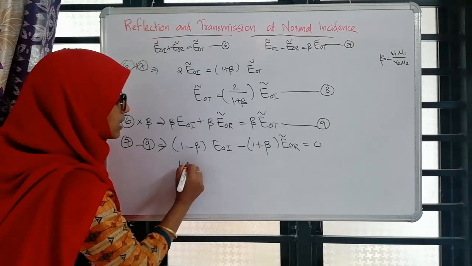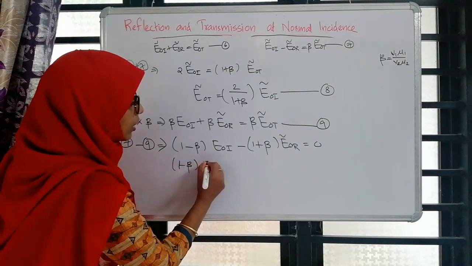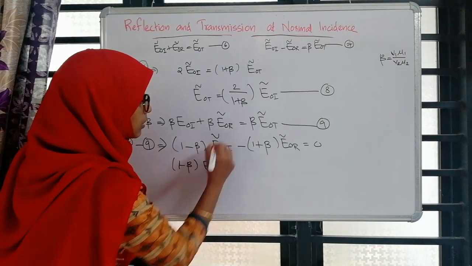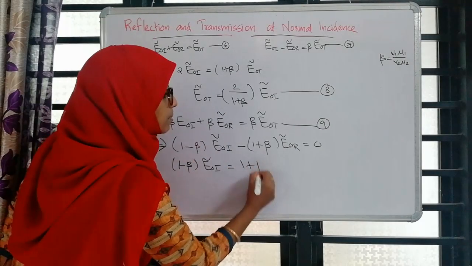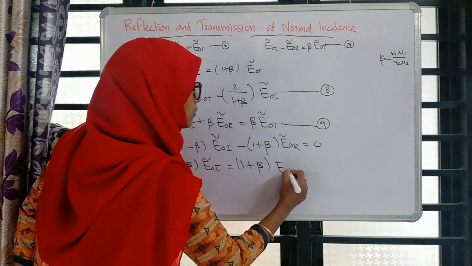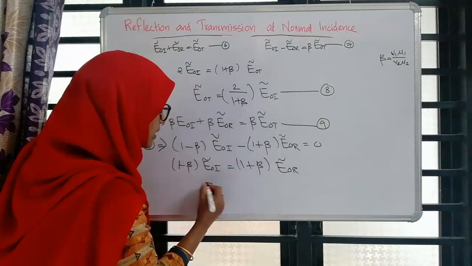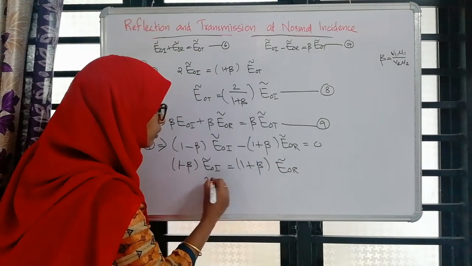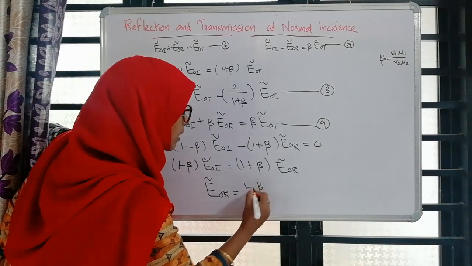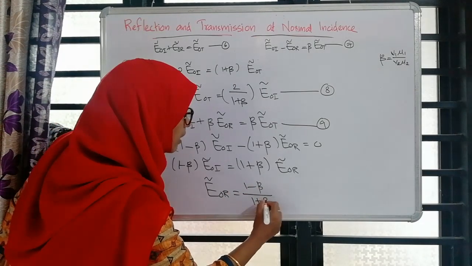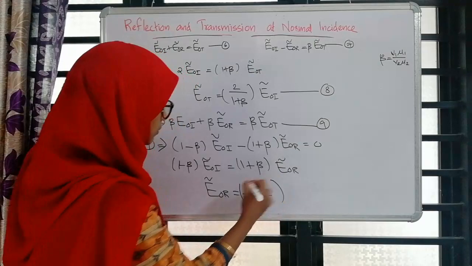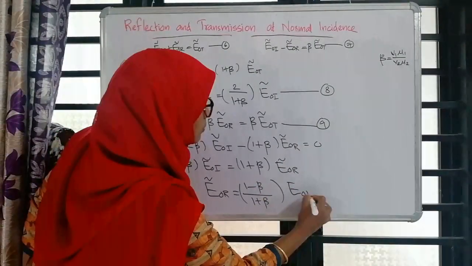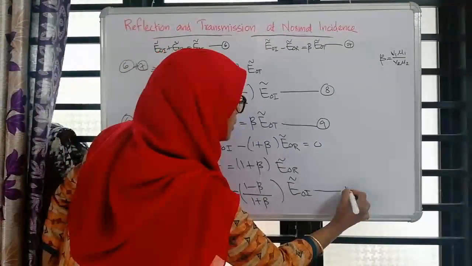That is, (1 minus beta) E0I is equal to (1 plus beta) E0R, where E0R is equal to (1 minus beta) by (1 plus beta) E0I, which is equation number 10.